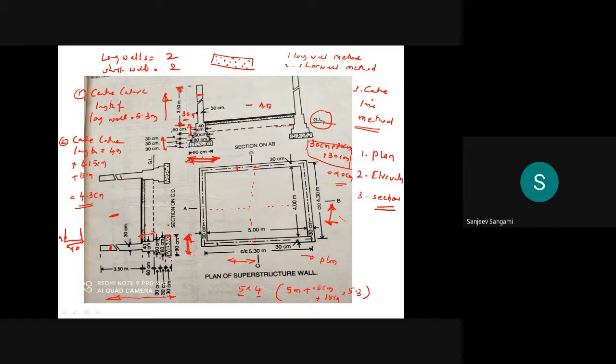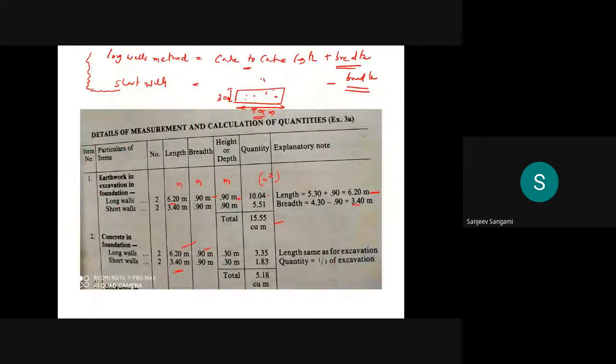So you consider it as 0.3 meters. This one you can take it as 3.5 meters. So this is overall about the center line method.